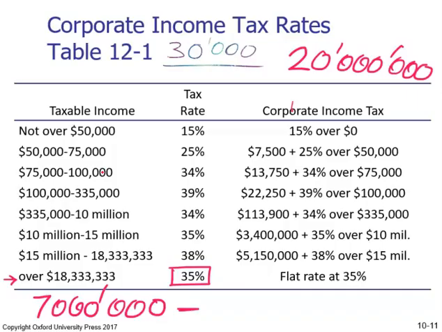Tax their first $50,000 at 15%, tax their next 25,000 at 25%, and like that come down. And make sure you consider all these better rates and see what would be the tax they are paying. Stop the video and start working on that.